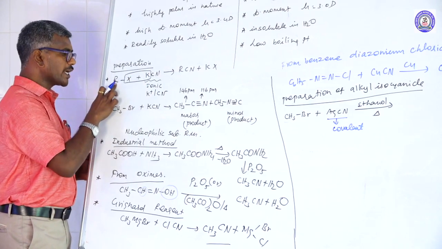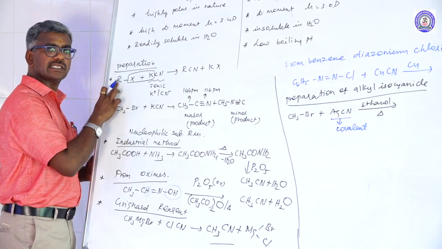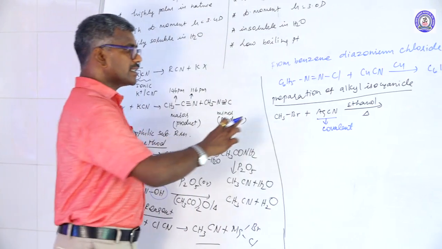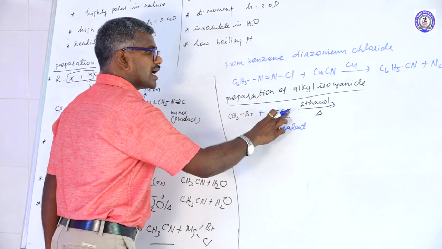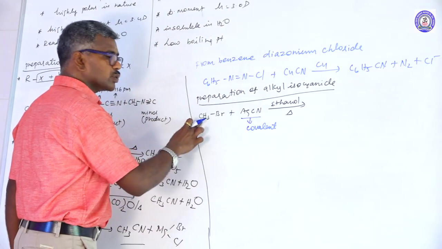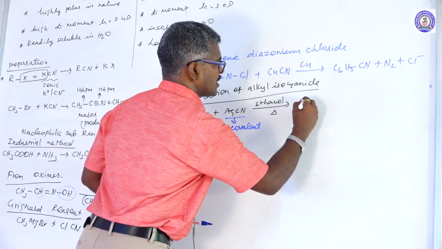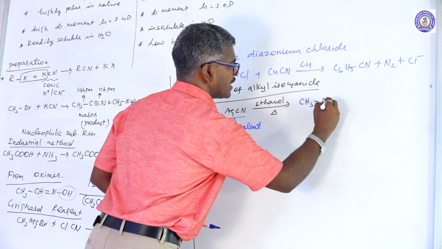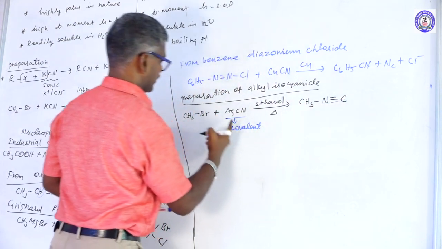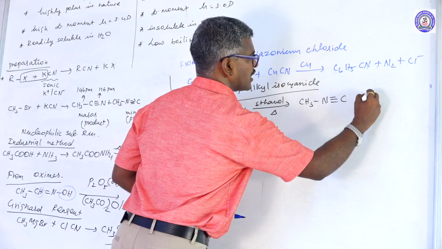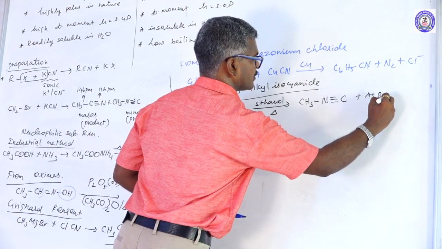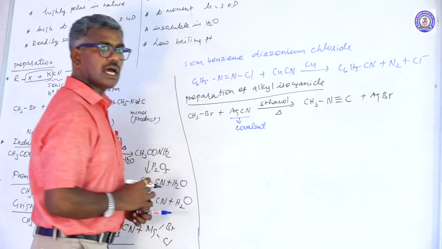In the ionic form, carbon is able to donate to the carbon atom, and this bond is very strong. In the covalent form, nitrogen is free to donate to the methyl group. So it forms CH3–N≡C with removal of AgBr. This is methyl isocyanide.